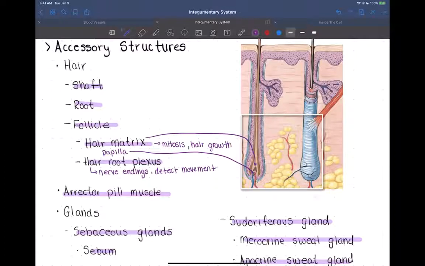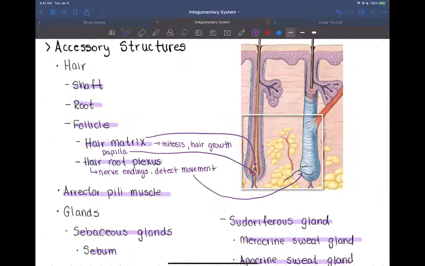If you just close your eyes, you can feel those hairs moving. That's because you have these hair root plexuses here, right? They wrap around that follicle of the hair, and if the hair is bent, it'll detect that movement and tell your brain that the hair is being moved. Okay, so that's the basics of hair.